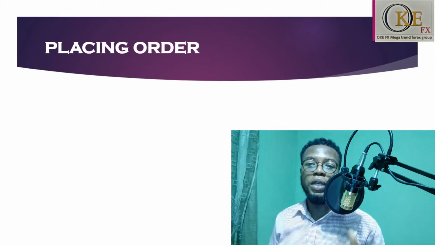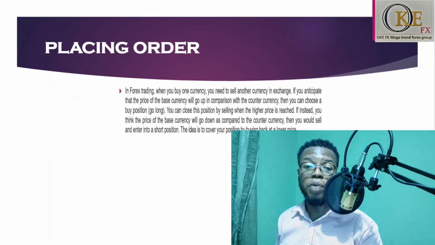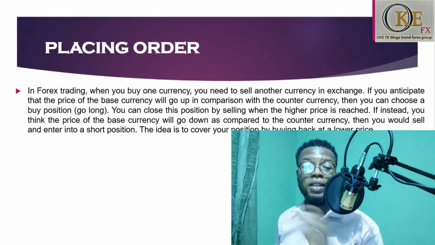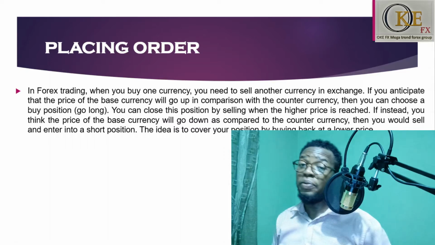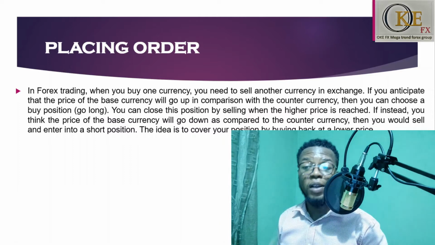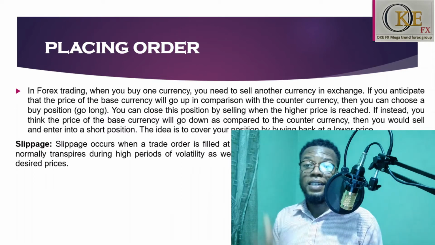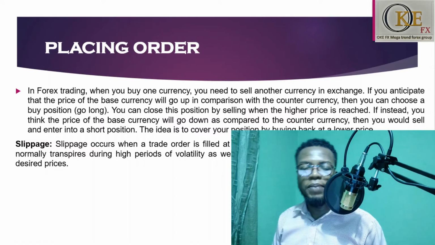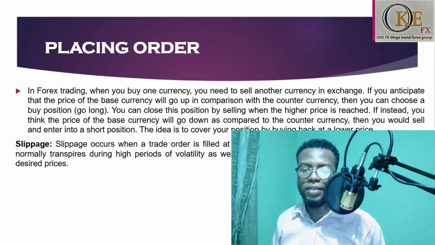In the last video we stopped at placing orders, and here now we will be talking about the types of order. So basically in Forex trading, we've already talked about that when you buy one currency, you need to sell another currency in exchange. If you anticipate that the price of the base currency will go high and that of the quote currency will fall, you buy the base currency and sell the quote as the counter currency, so to say.